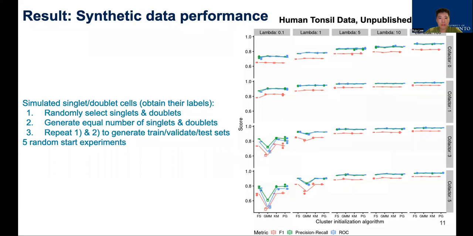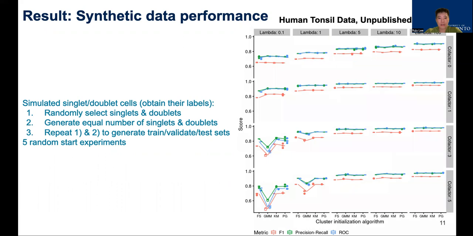Here we show the result of detecting synthetic doublets from the simulated data. The data was randomly selected from the observed data. There are equal numbers of singlets and doublets in the set. For the purpose of evaluation, we generate training and validation sets.